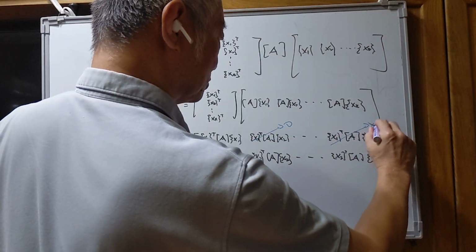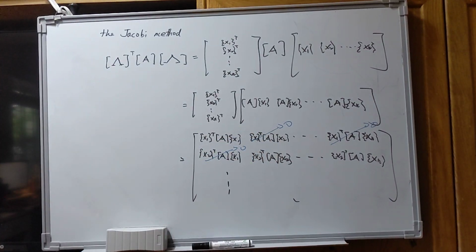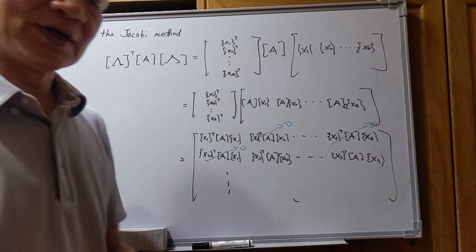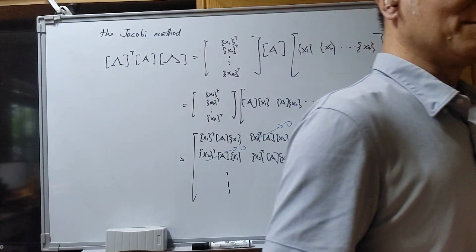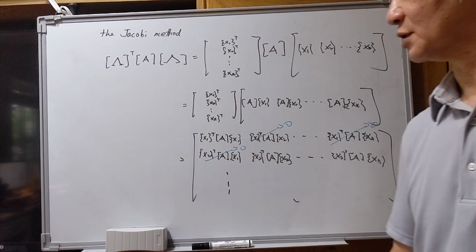Okay, so all the off-diagonal elements must be equal to 0.